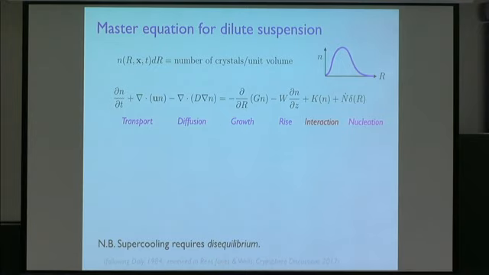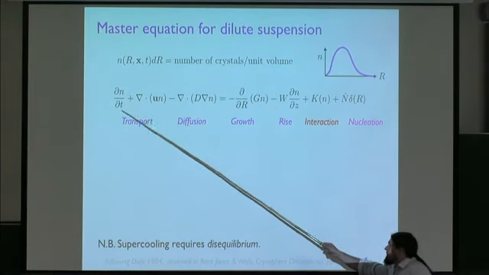So we can formulate something for this from a master equation, which basically gives you some information about how you would predict how this distribution of crystal sizes evolves. In some ways this shares some similarities to the ice thickness distribution PDF, but there are a few differences because you're dealing with crystal growth and rise rather than ice floe interactions on the surface.